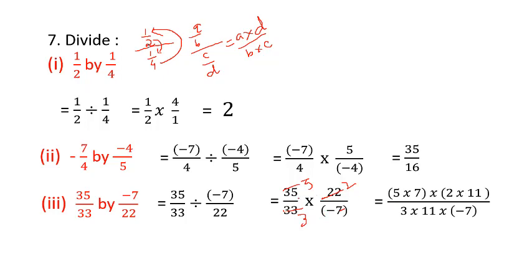Or you can break 35 into 5 into 7, 22 into 2 into 11, 33 into 3 into 11 and minus 7, 11 11 cancel, 7 7 cancel, 5 into 2 is 10, and for the negative, 3 negative will come up.